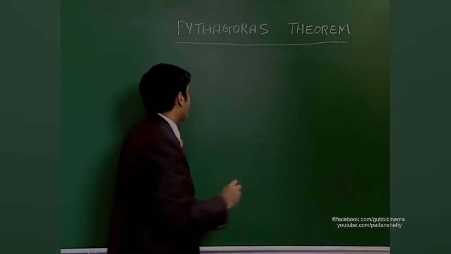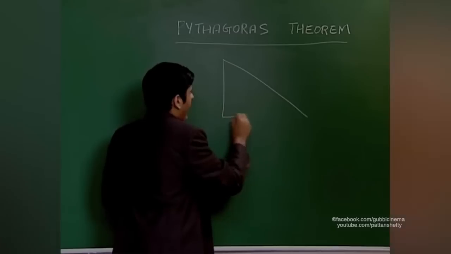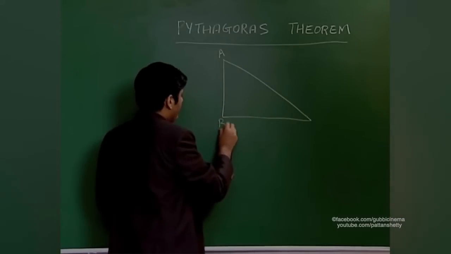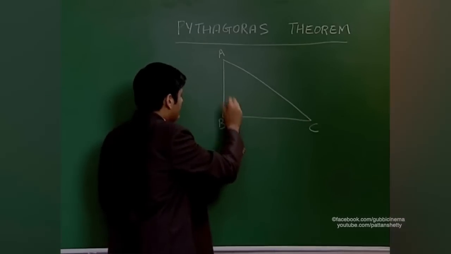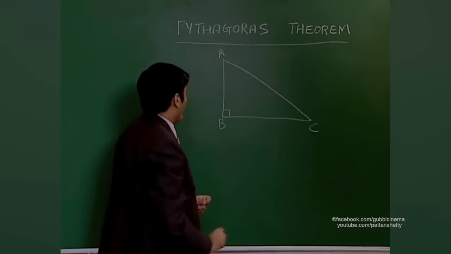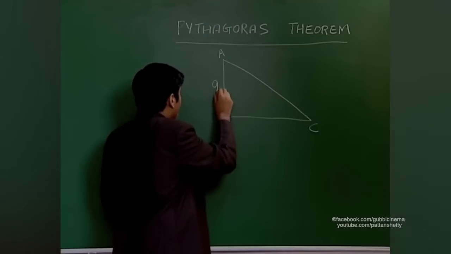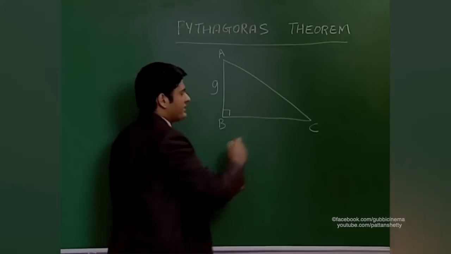Suppose I have a right angle triangle and I shall name it A, B, C. We have a right angle at angle B which is 90 degrees. Now, suppose I am given that side AB is 9 units and I have to find the other two sides.